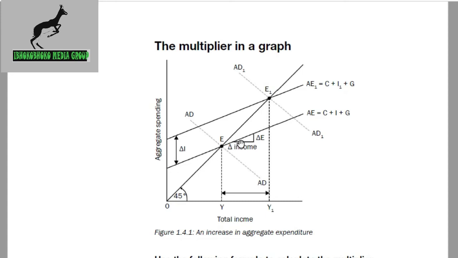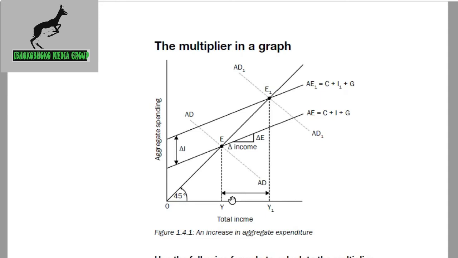As a result of a change in investment shown by this line, new investment is added in the economy. That shifted the aggregate expenditure curve from AE to AE1. That small shift caused this big shift in the total income in the economy.